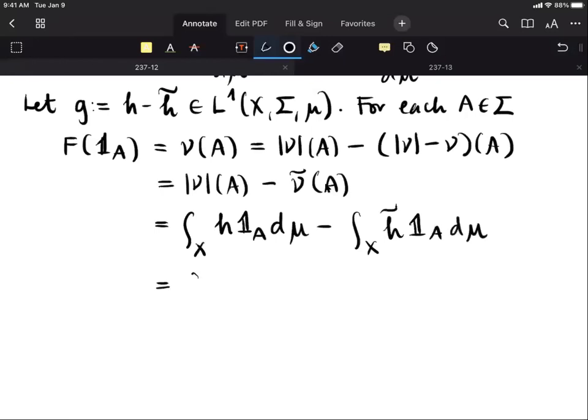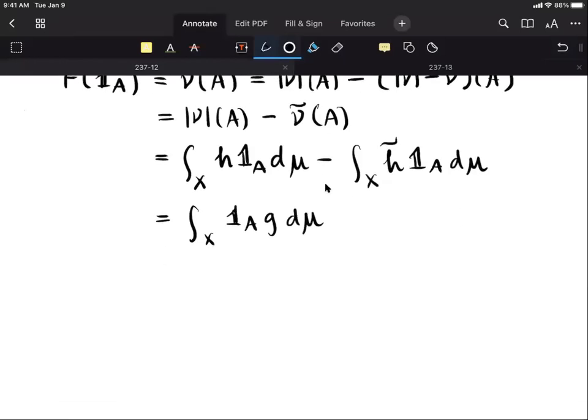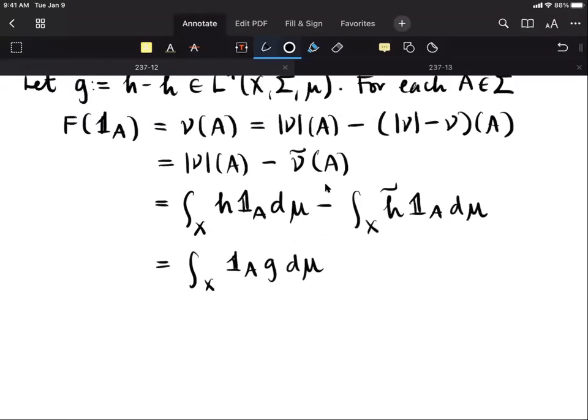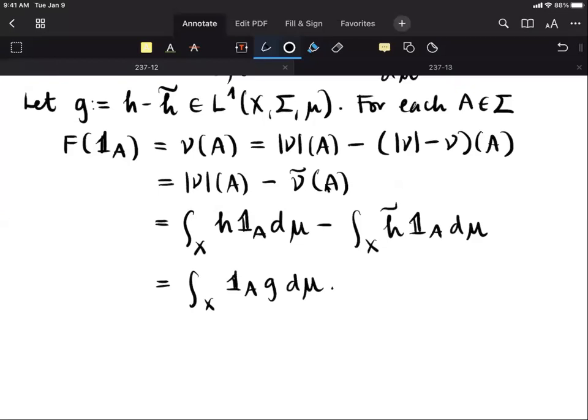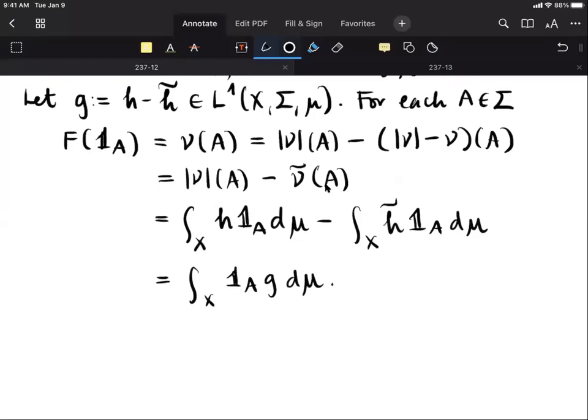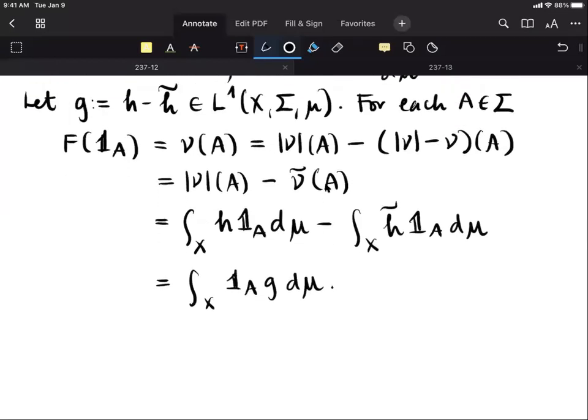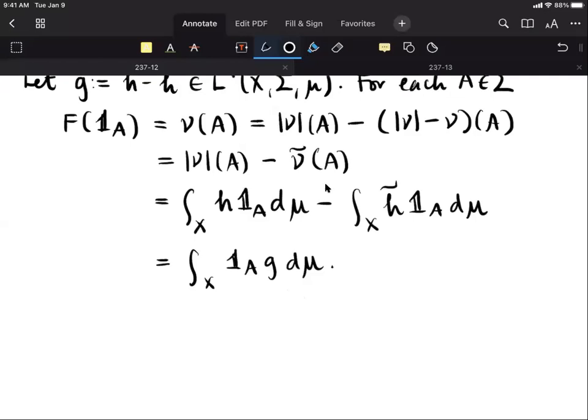And by the definition of g, this is the integral of the characteristic function of A times g. So this is only so far true for characteristic functions of measurable sets.